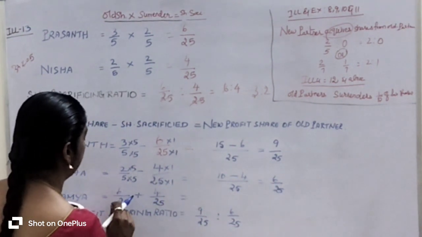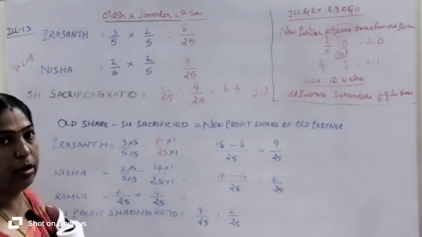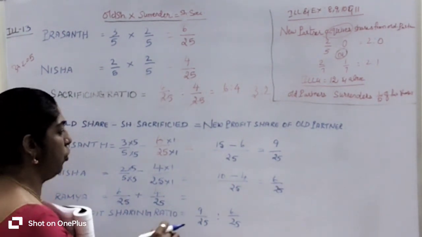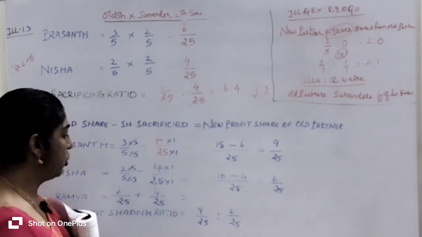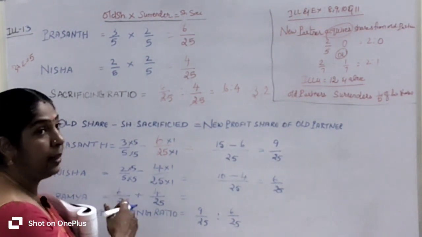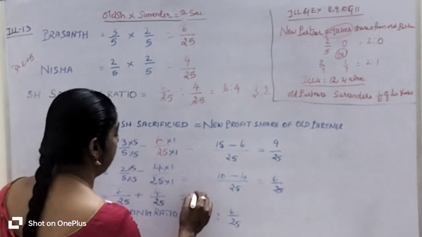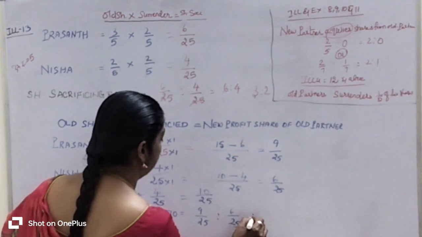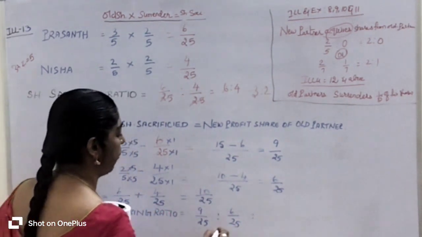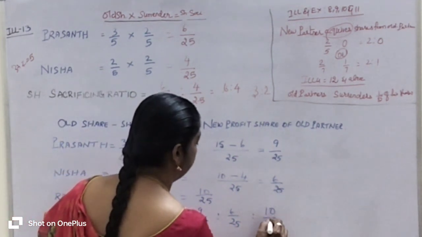We check the denominator. Denominator has the same value 25. So we add directly: 6 plus 4 you will get 10. 10 by 25. So new partner Ramya's new profit sharing ratio is 10 by 25.